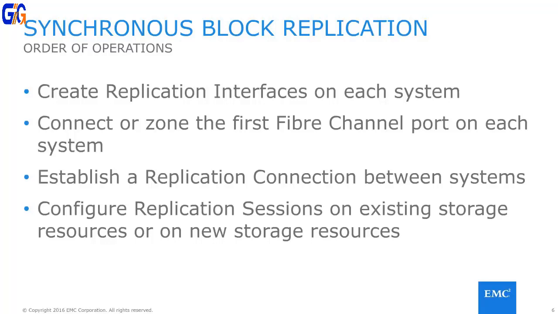Next, establish a replication connection between the systems. A replication connection can be established to configure asynchronous replication sessions, synchronous replication sessions, or for both asynchronous and synchronous replication sessions. Finally, configure replication sessions on existing storage resources or as part of creating a new storage resource.